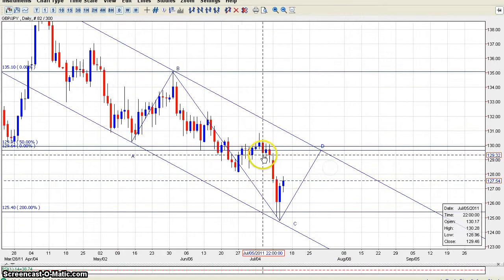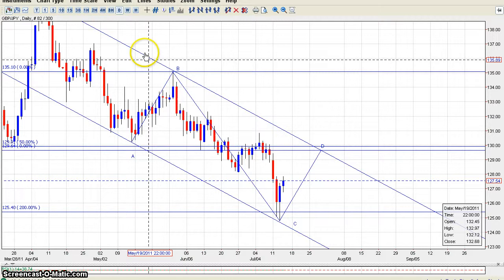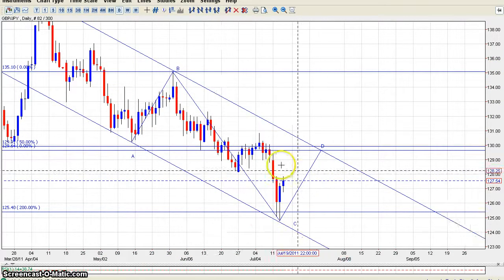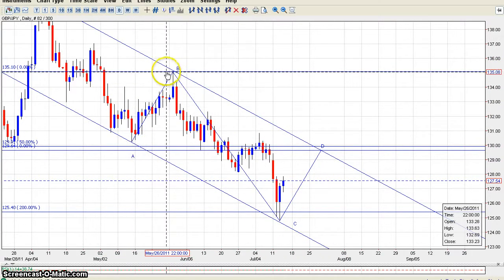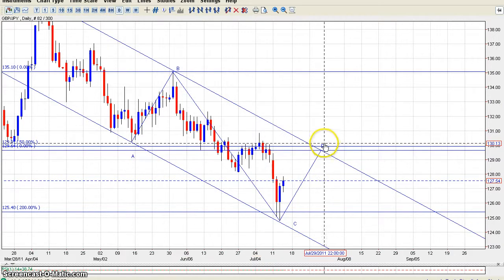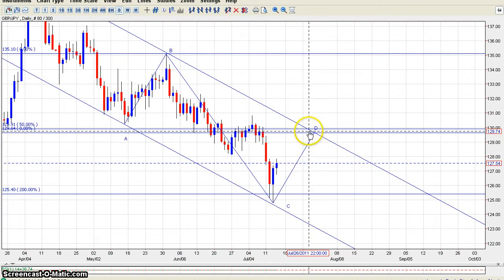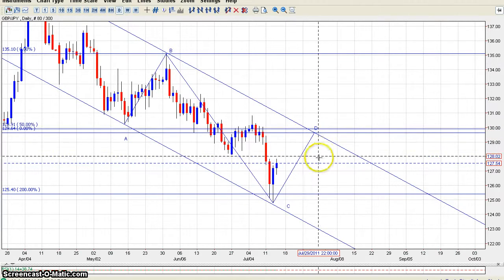So to summarize, I'm using channel analysis and reciprocal ABCD with a simple AB equals CD to identify a 30 pip range. I place my entry level at 129.7 in the middle of that resistance zone.